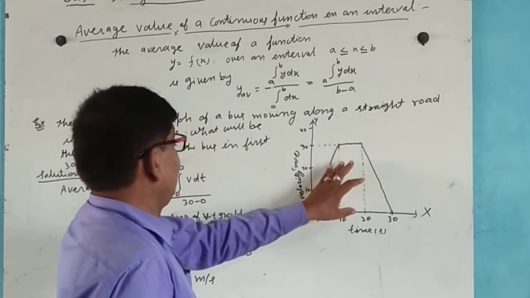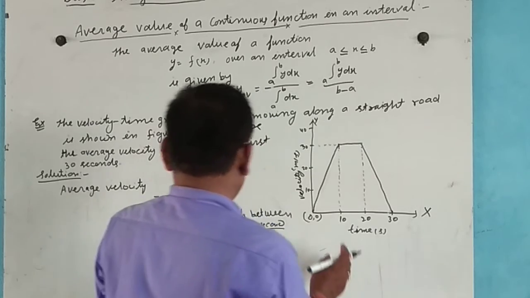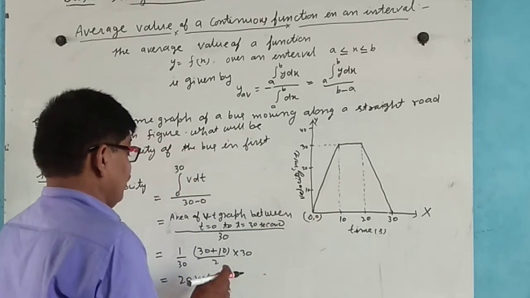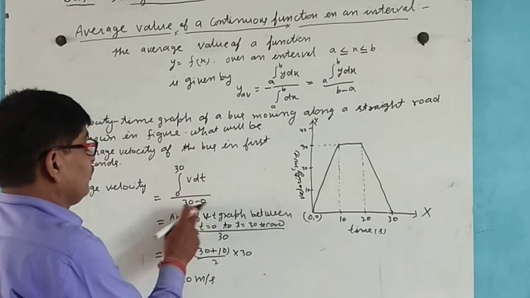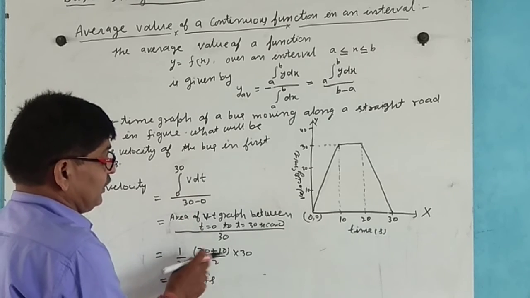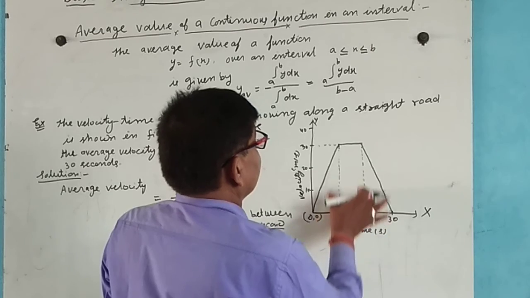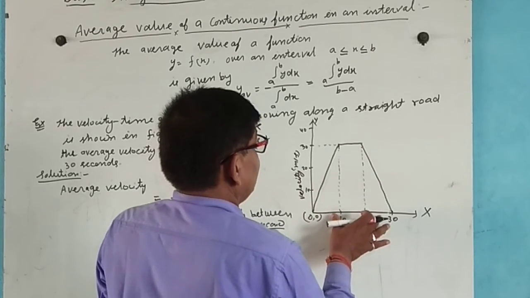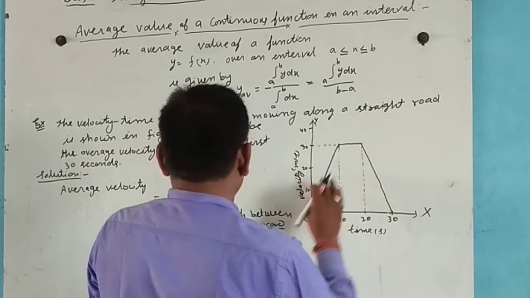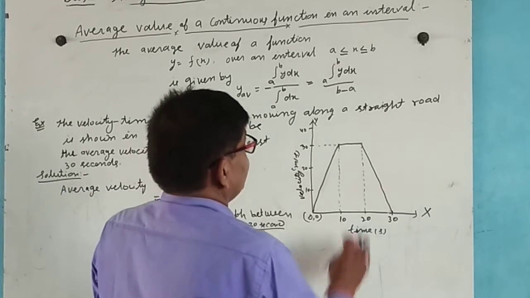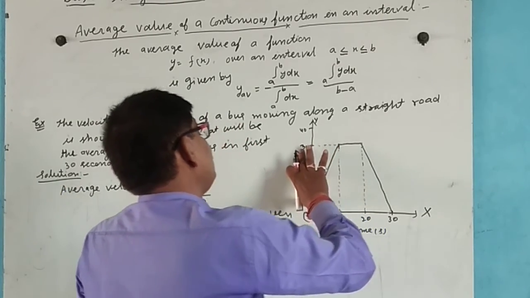The area of this shape is here, with parallel sides 30 and 10, so 30 plus 10 divided by 2, multiplied by the distance between them, which is 30.